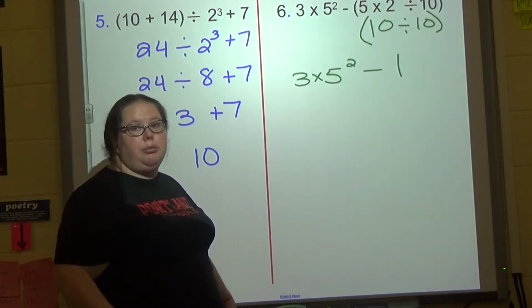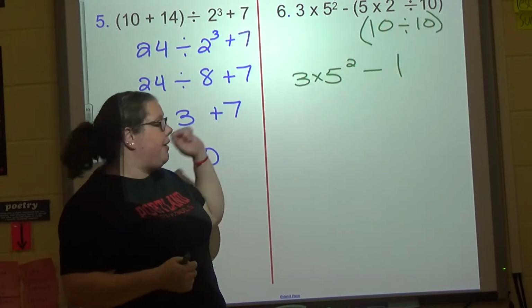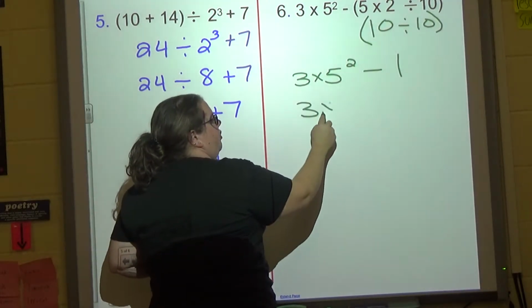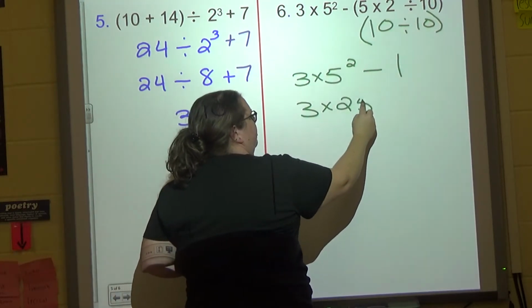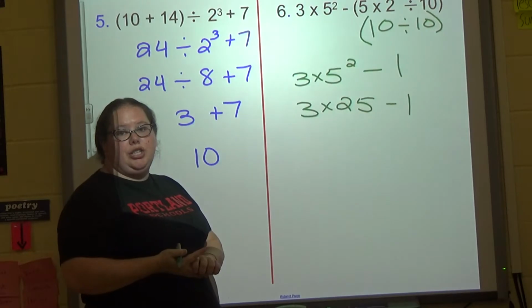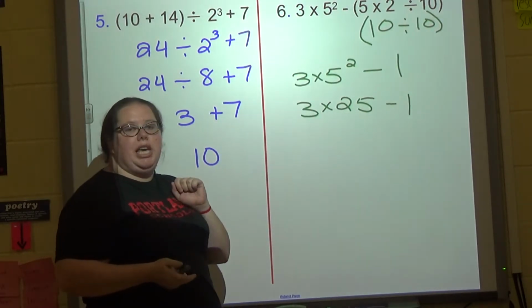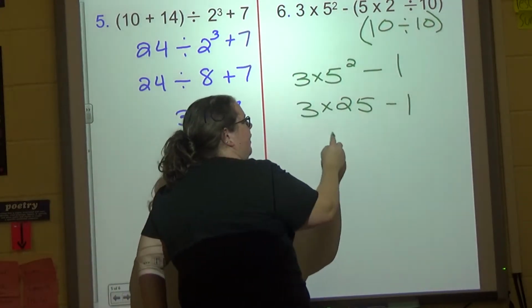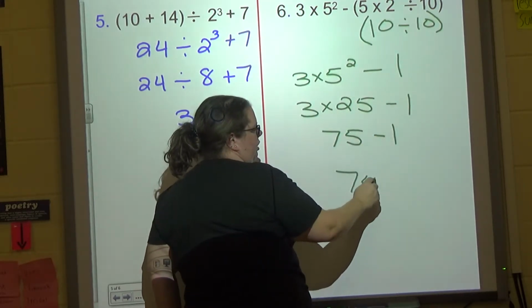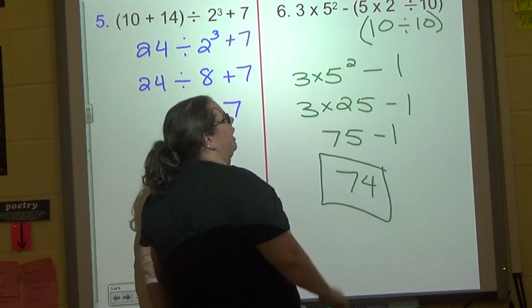Now what's next? Parentheses, exponents. Do I have an exponent? I do. 5 squared. 3 times 25 minus 1. Multiplication and division. We have a multiplication. 3 times 25 is 75. And lastly, subtraction. And we're done.